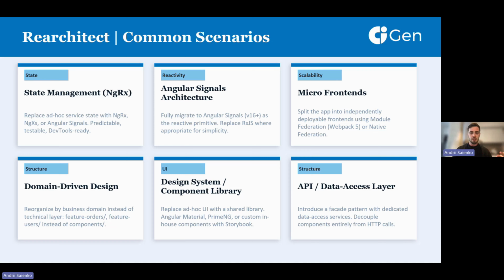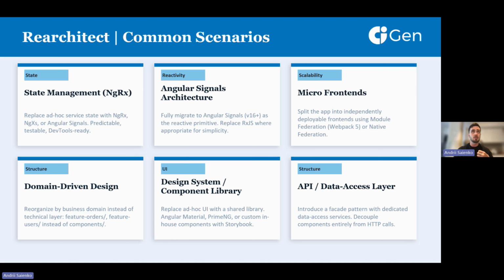Moving to Angular signals is the most forward-looking change on this list, I would say. Signals are Angular's new reactivity primitive, and they significantly simplify reactive code compared to RxJS for many use cases. The next one is micro frontends.